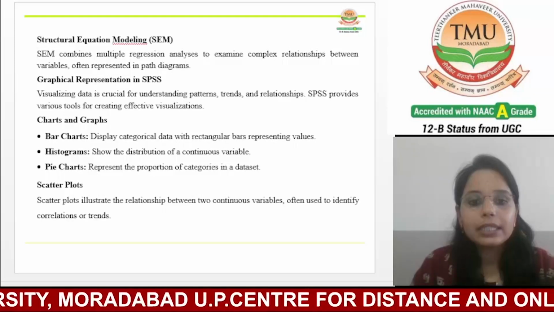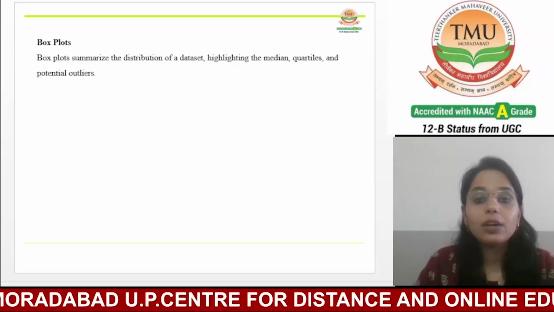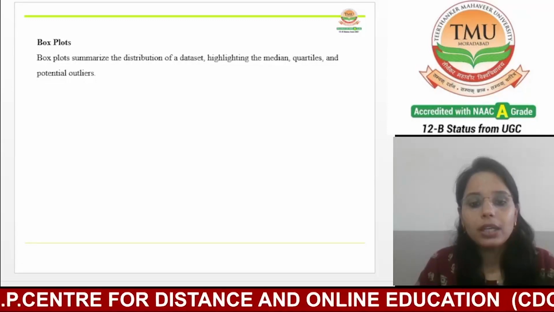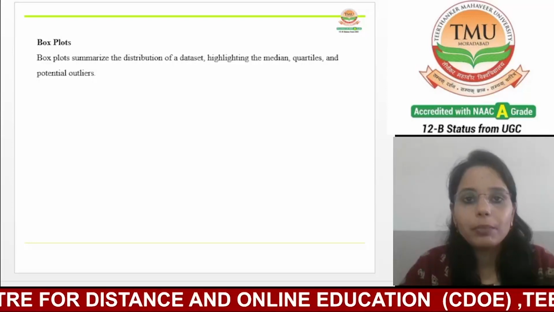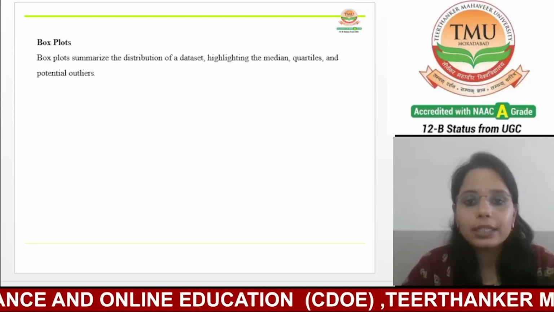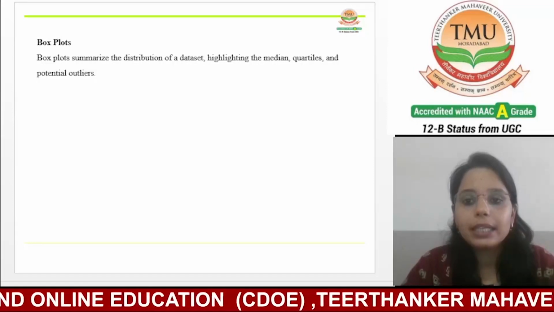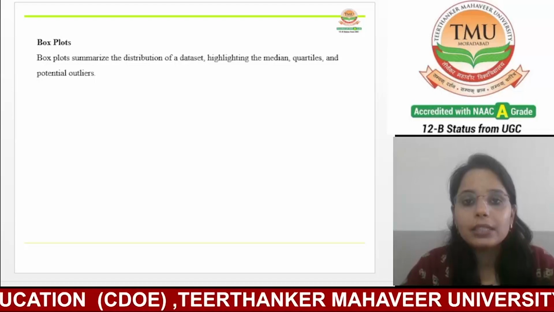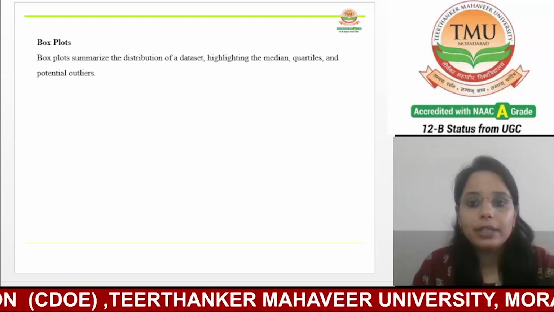Now, after scatter plots, next we are going to discuss box plots. Box plots are a graphical representation that summarizes the data set's distribution by displaying the median, quartiles, and potential outliers.